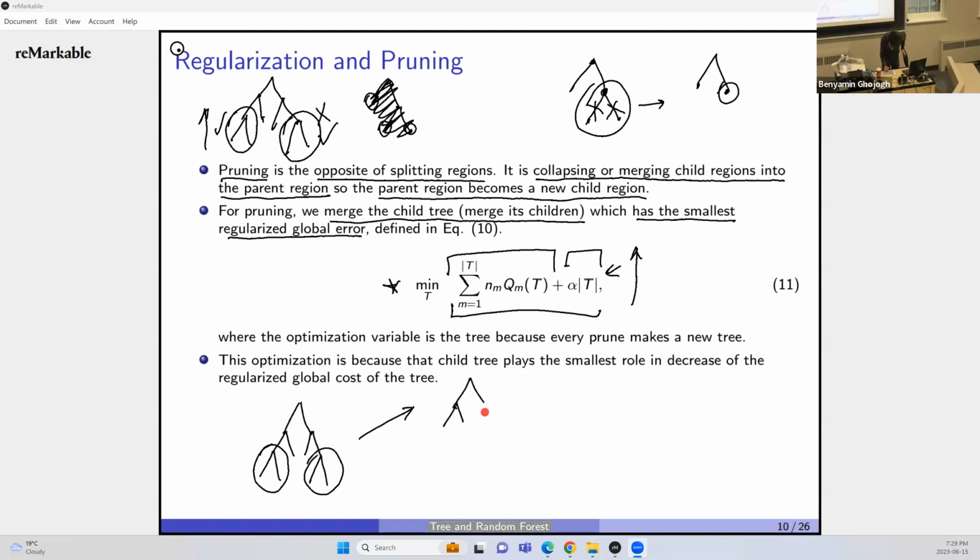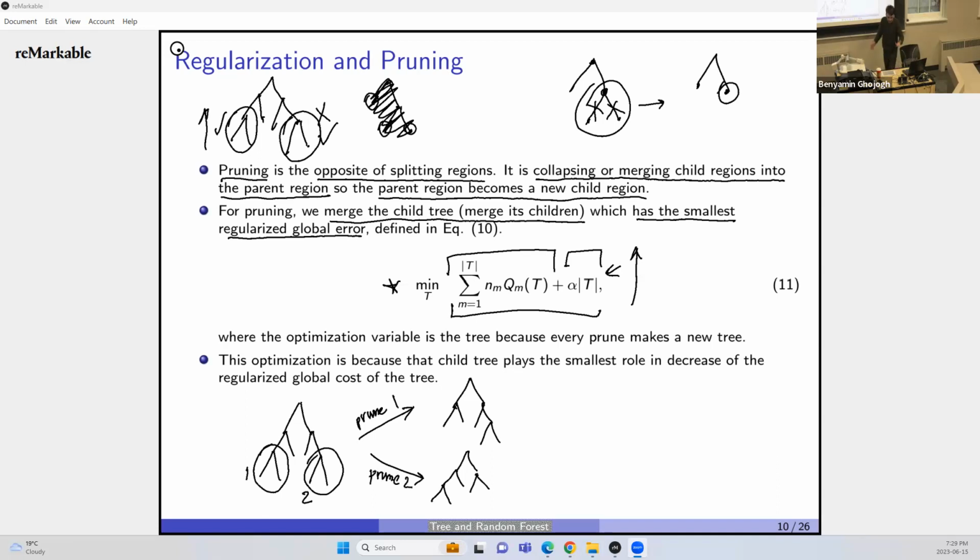One option, I prune the left one, right? Another option, I prune the right one. Do you agree? So far agree? Let me call it one, let me call it two. In this one, I prune one. In this one, I prune two.